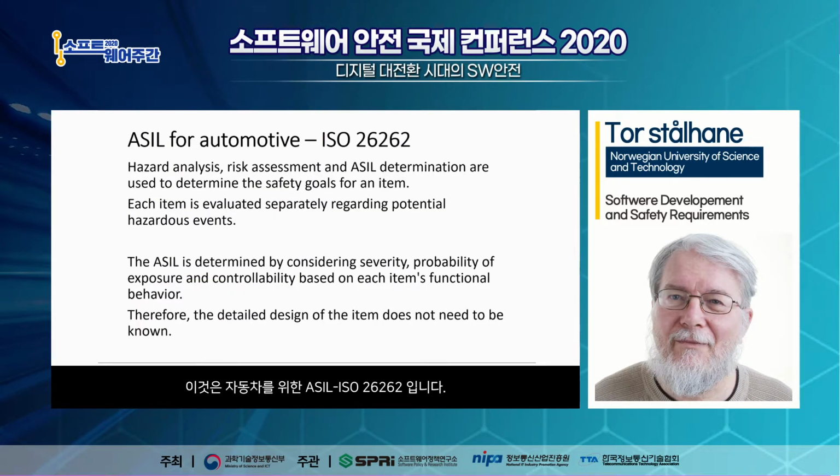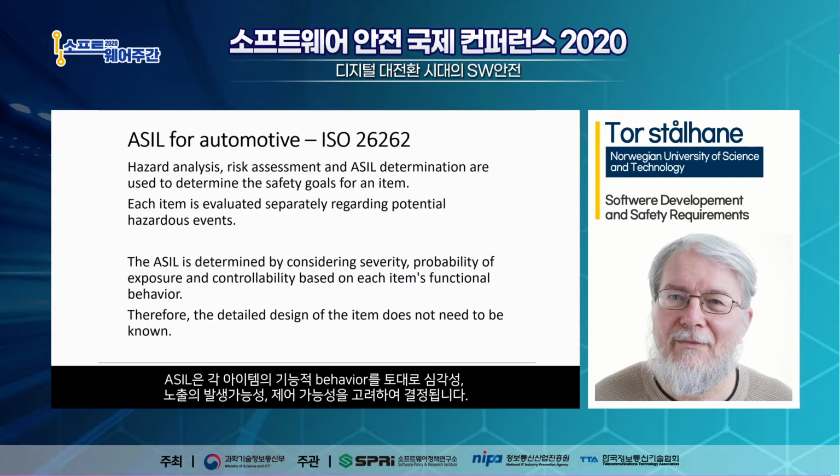The next thing is the ASIL for automotive. It's ISO 26262, and hazard analysis, risk assessment, and ASIL determination are used to determine the safety goal for an item. So each item is evaluated separately regarding potential hazardous events.